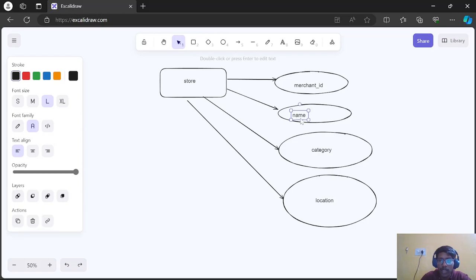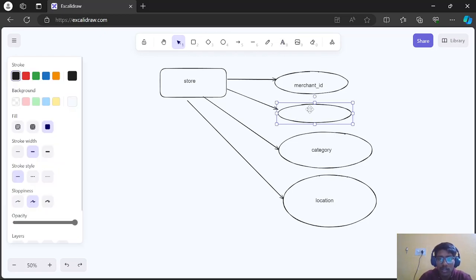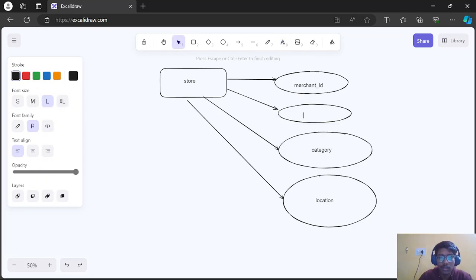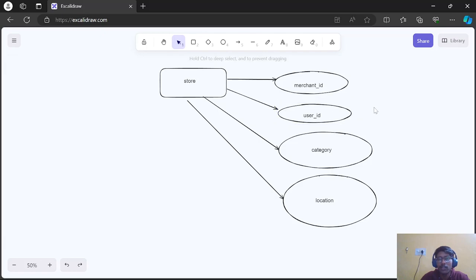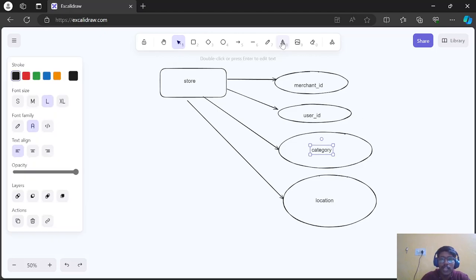So the next one would be name, of course. The next one is the user ID. It gives a description of the user, like which user is buying a product from this kind of store. It provides details about the user. So the next attribute in the entity store would be the transaction ID.